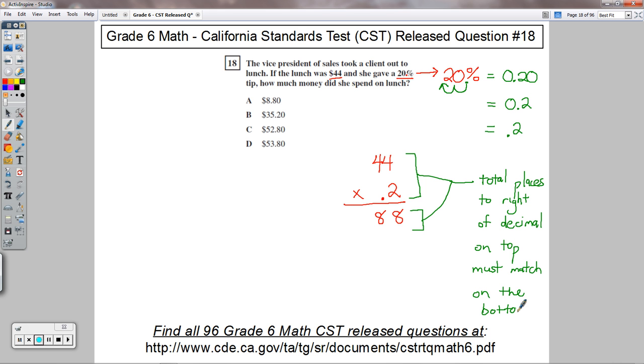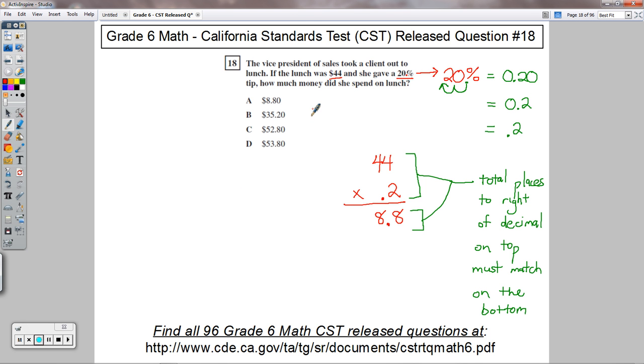So that is another way to say that, okay, I've got 0 places to the right of the decimal in this number, 1 place to the right of the decimal in this number, 0 plus 1, that's 1, so I need to have 1 place to the right of the decimal in this number as well. So 8.8, or in terms of money, that'd be $8.80 on this $44 lunch.